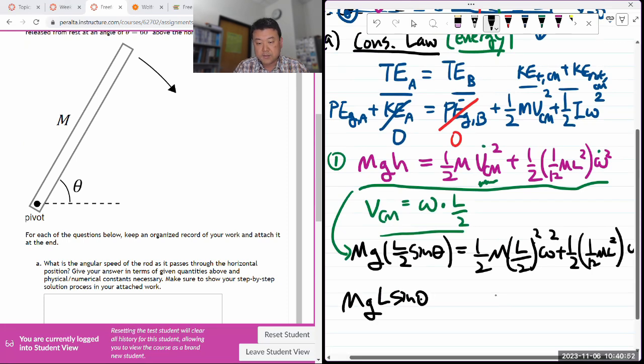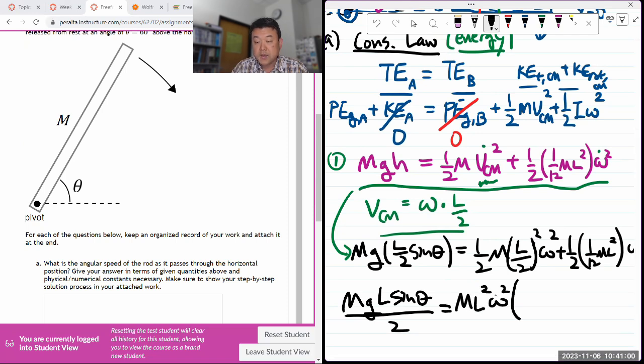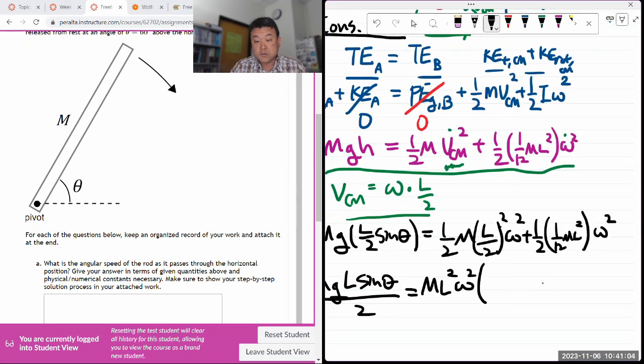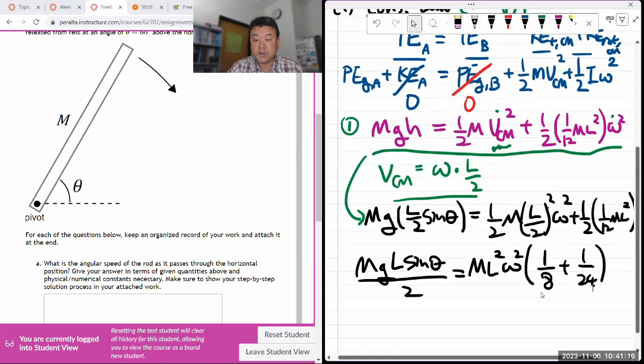mgl sine theta over 2 is equal to, let me factor out the things that factor out, ml squared omega squared, and the rest is a matter of the fraction algebra. So 1/2 times 1/4, so 1/8, plus 1/2 times 1/12, so 1 over 24. And I can do a little bit of cancellation for simplification.